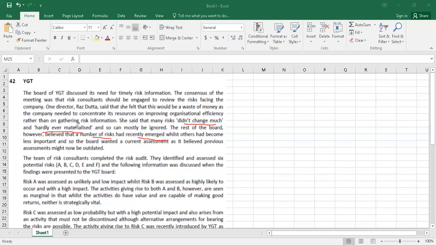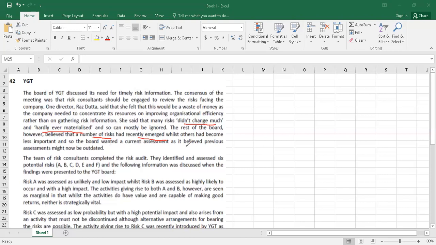If they have not materialized, the past will not prevail in the future, therefore the future has to be assessed according to the changed environment. So criticize her opinion. We have solid information that new risks have recently emerged, while others had become less important. So the board wanted a current assessment, so they are right in assessing these things again, a current assessment.